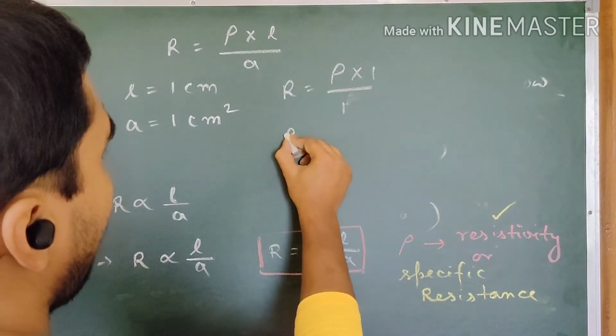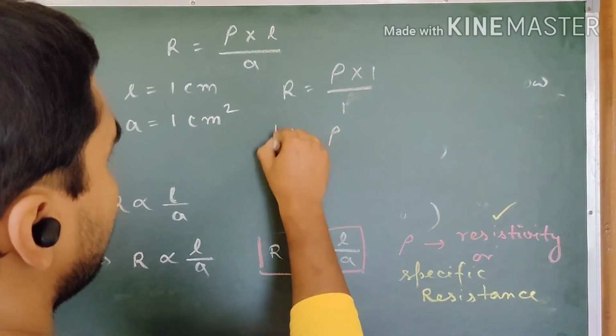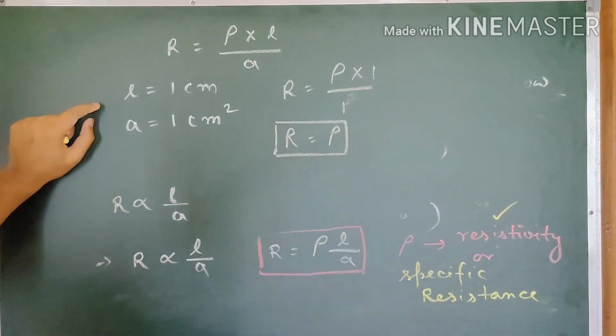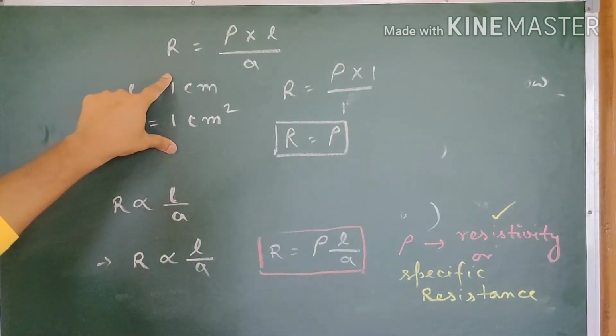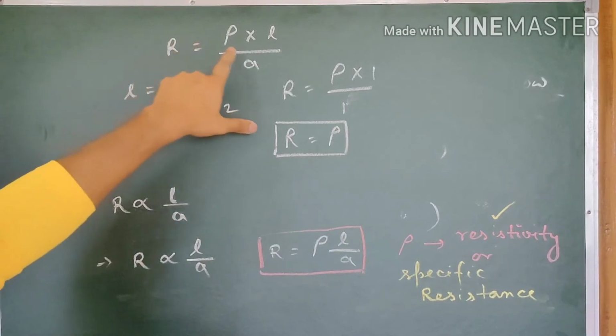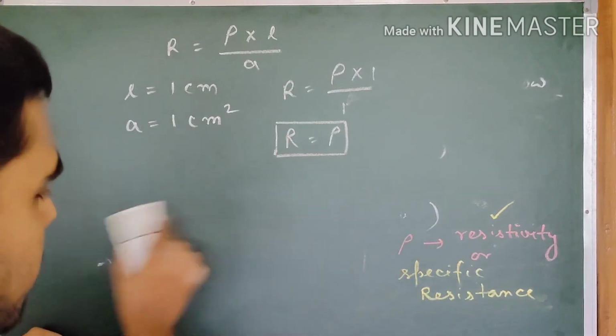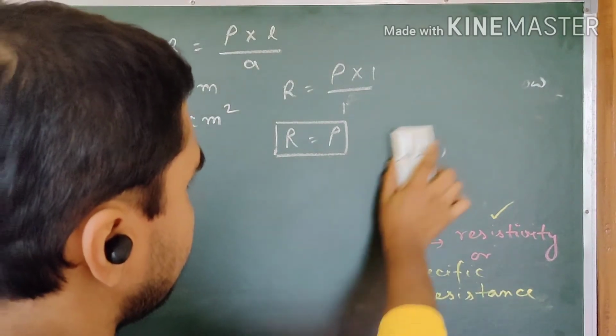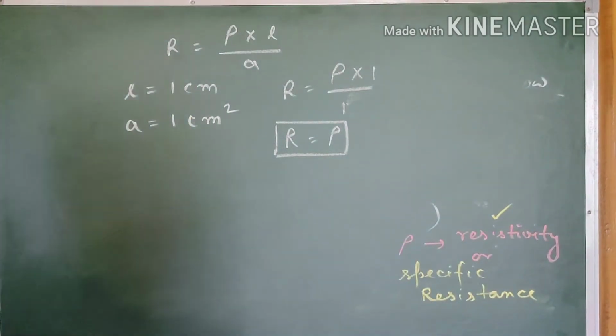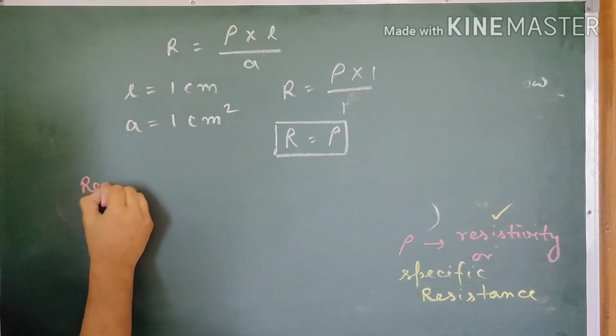So we are getting R is equal to rho. That means under this condition, the resistance is equal to the resistivity. So if it is asked what is resistivity, we should be defining it as, let us redefine the resistivity.